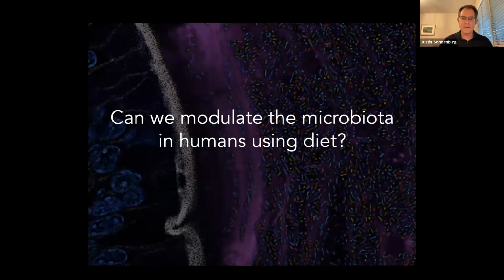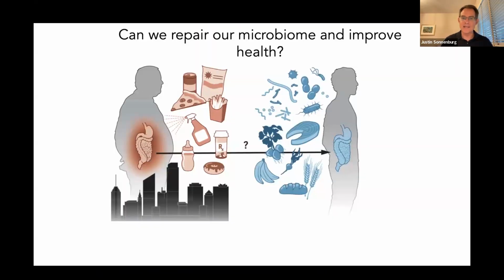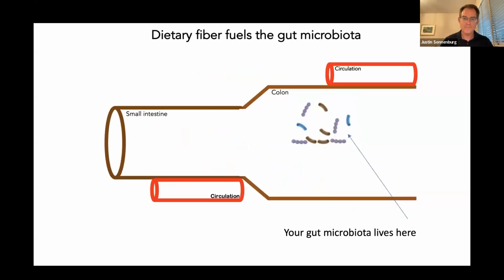So can we modulate the microbiota in humans using diet? This is another way to test if our industrialized microbiome is a problem: to try to fix it, try to increase diversity, try to bring back species, and see if these individuals actually become healthier.